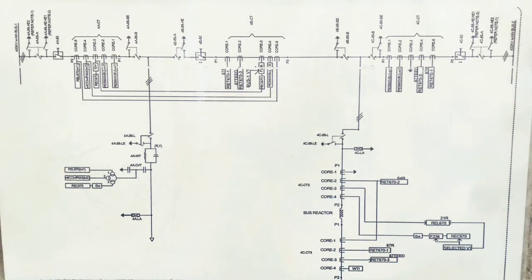Here we have a combined bay and reactor differential as a tee differential. Here the REF, restricted earth fault relay, is connected, and it consists of primary and secondary side CTs, which act together and protect the winding of our reactor.